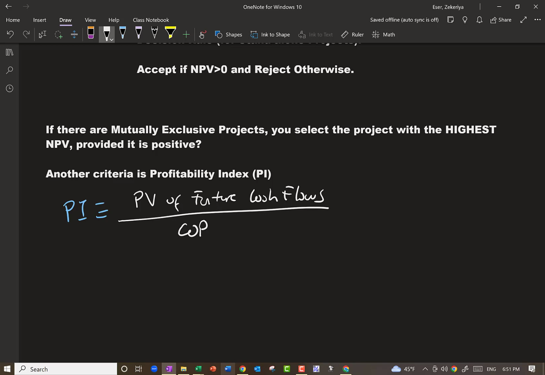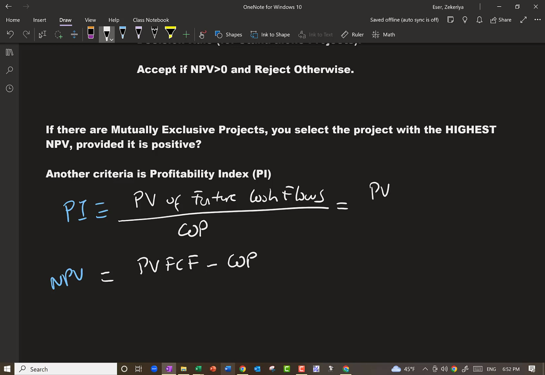But this is directly related to NPV. Remember, NPV is present value of future cash flows minus cost of project, right? By its very definition.